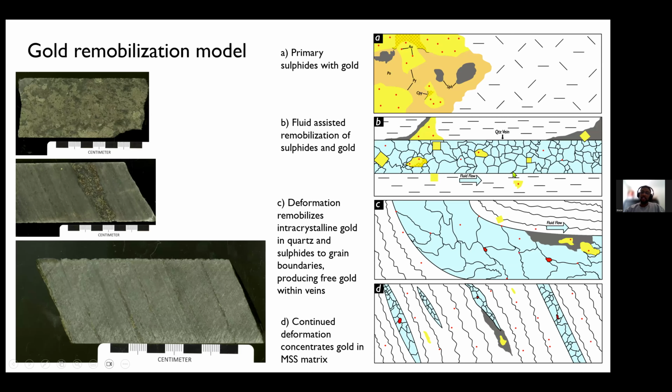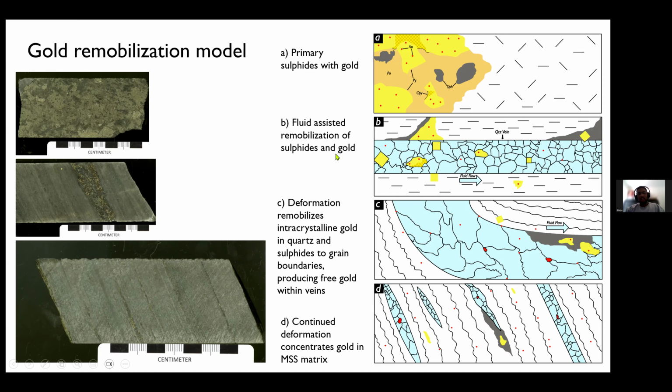From all of this, we were able to put together a model of how we think gold is being concentrated at the Goliath Gold Deposit. Perhaps initially there's some sulfide phases that contain the gold. Maybe it looks something like this.